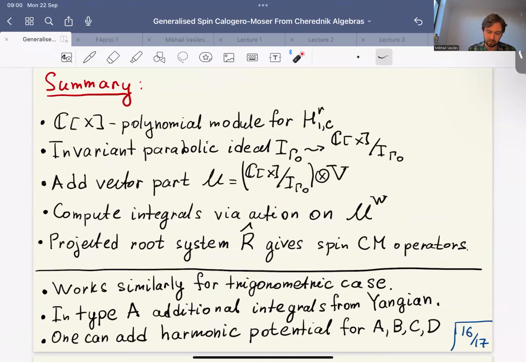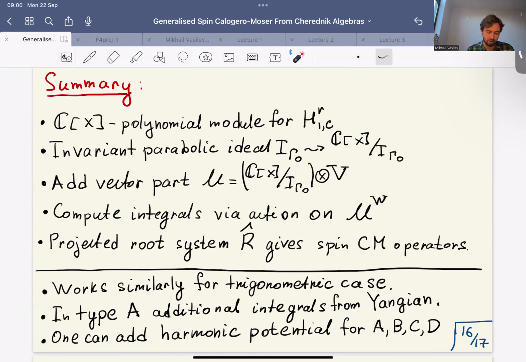A quick summary: we took the polynomial representation of the rational Cherednik algebra, considered an invariant parabolic ideal, and took the factor. We added the vector part, computed the integrals acting on the space of diagonal invariants, and obtained operators of the form of Calogero-Moser systems, where the finite collection of vectors is now a set of roots projected to the plane pi, which defines the invariant parabolic ideal.